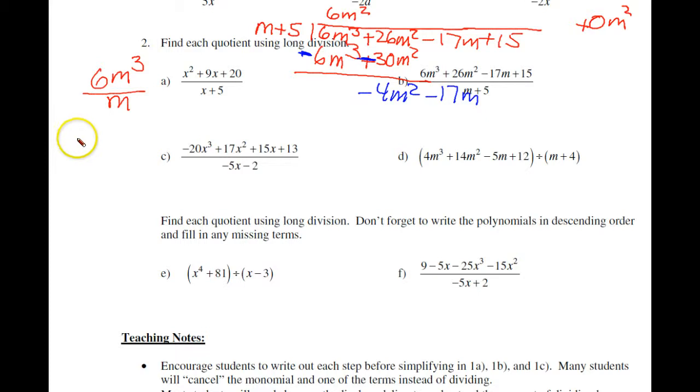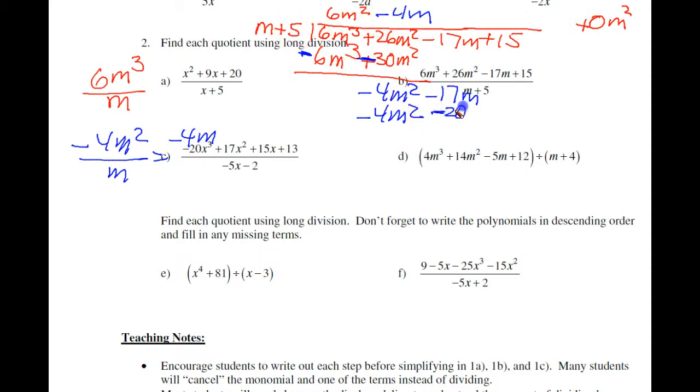And again, we have a negative 4m squared divided by m gives us a negative 4m. So that's what we put here, negative 4m. So m times a negative 4m, a negative 4m squared. 5 times that is a negative 20m.